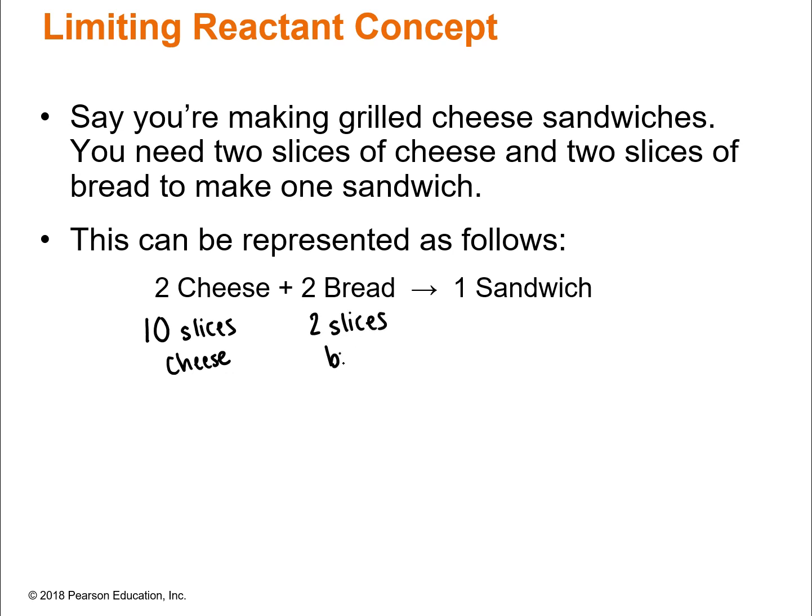You've got 2 slices of bread. You've got a lot of cheese, not a whole lot of bread. So hopefully you don't have more than one person to feed in this situation, because all you can do is make 1 sandwich. Even though you have a lot of cheese, you only have 2 slices of bread.